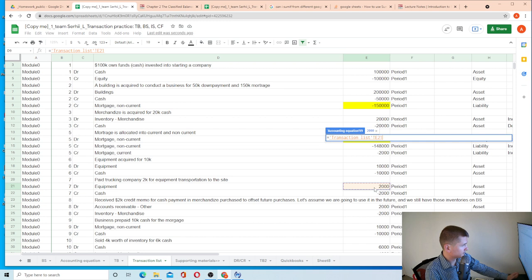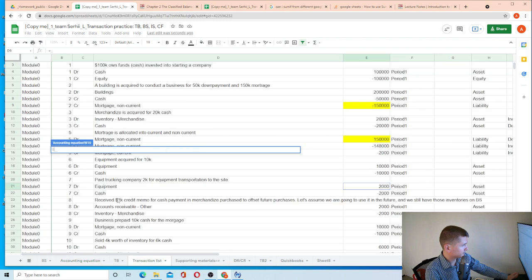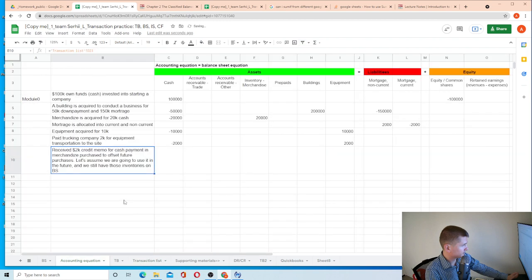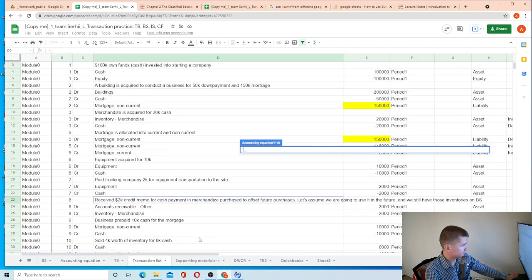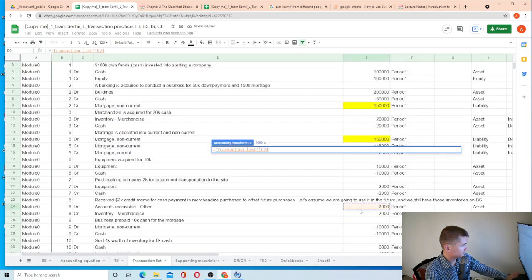Okay, where is that? It's here, and several more. 2,000 credit memo, so we decreased the value of inventory, and we recognized accounts receivable other.